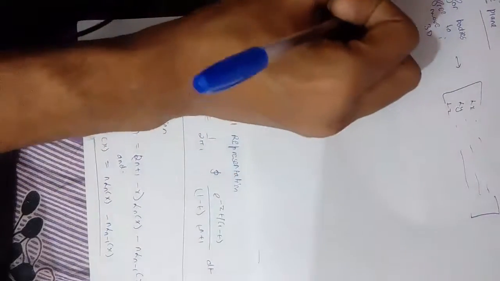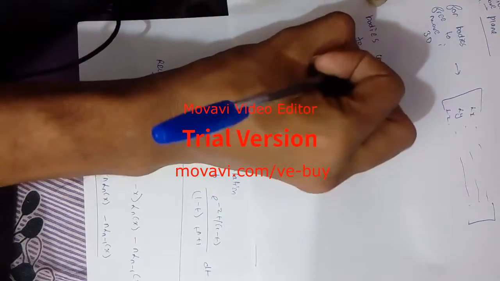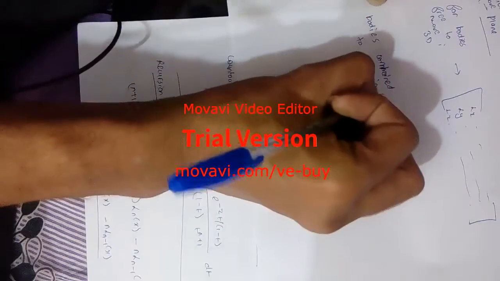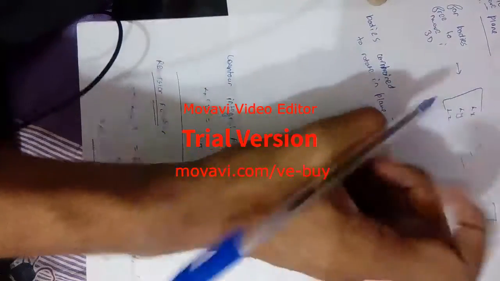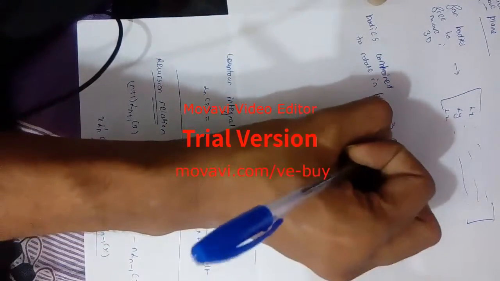That is, for bodies constrained to rotate in a plane, moment of inertia can be represented by just an axis perpendicular to the plane.